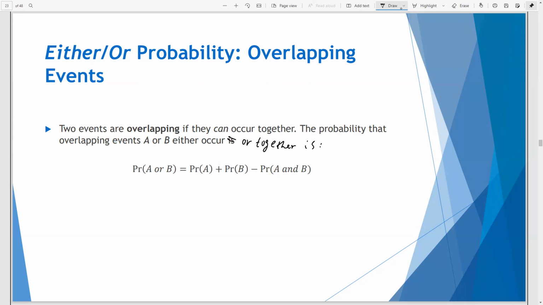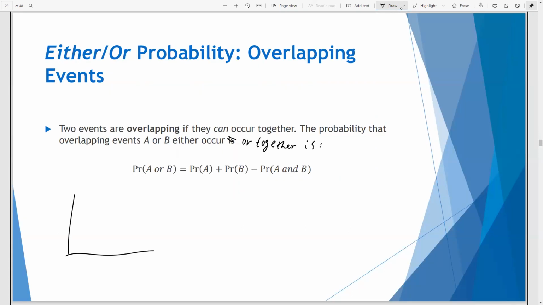I think that is from the book, but it's a little wrong. The overlapping events A and B either occur or occur together: the probability of A or B equals the sum, take away the intersection part.